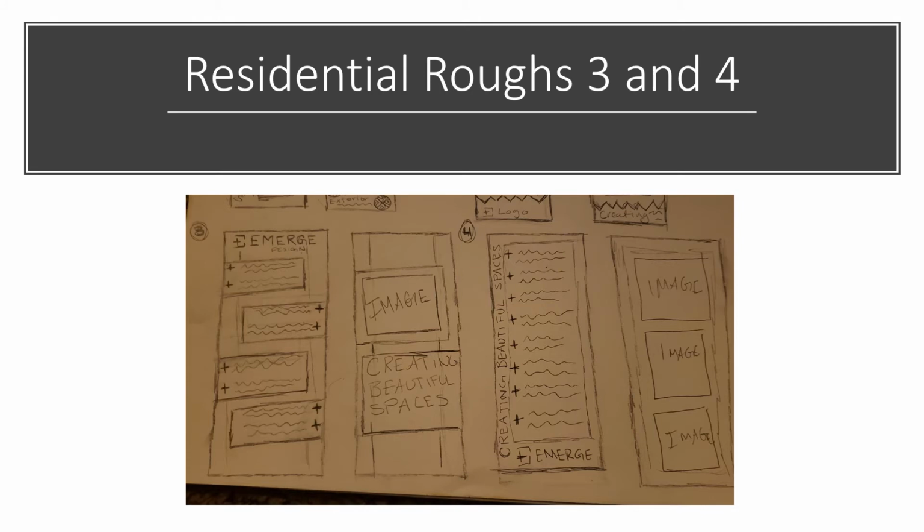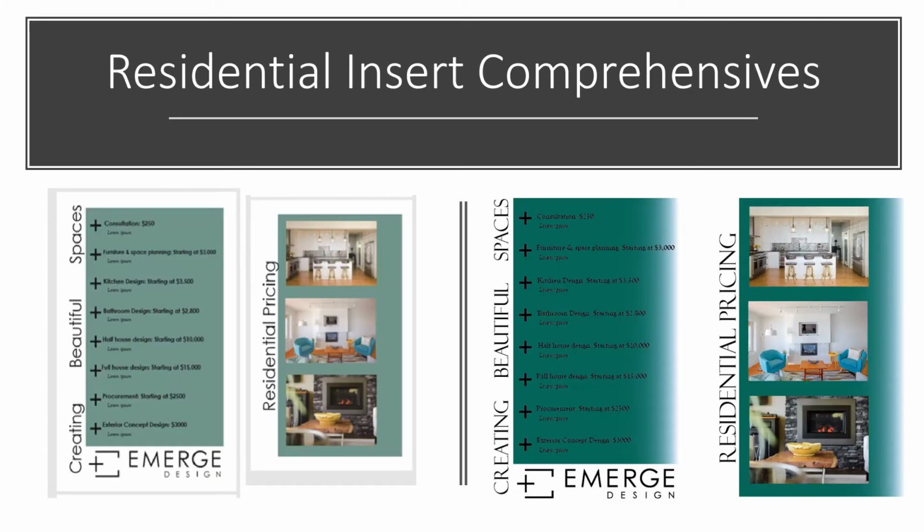So my next challenge is creating a comprehensive design in Adobe Illustrator. Rough number 4, which we just saw, ended up being my best and strongest comprehensive design. I think that it was just very simple and it worked really well because of the simplicity of the design. I was not particularly fond of it originally.